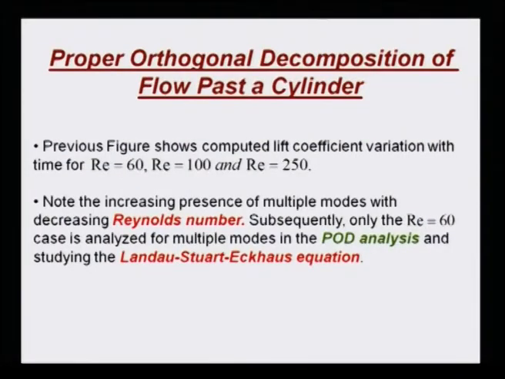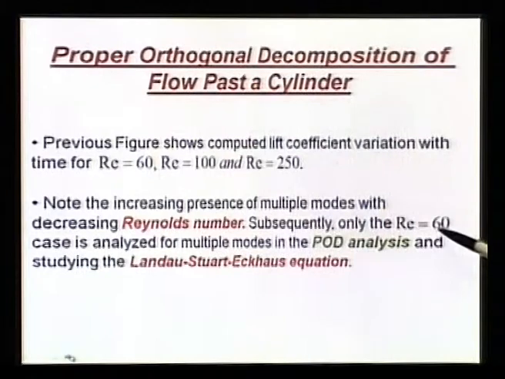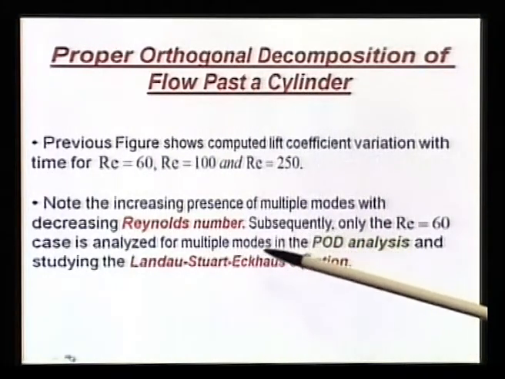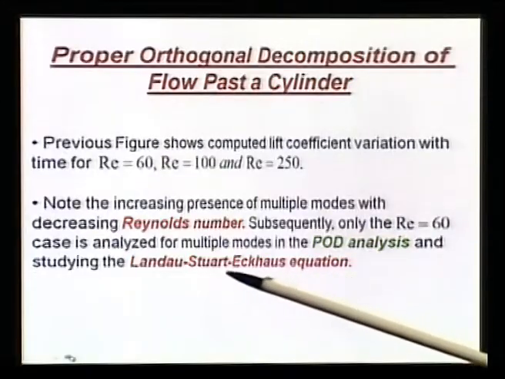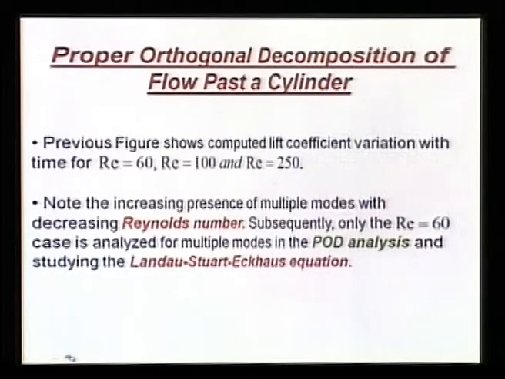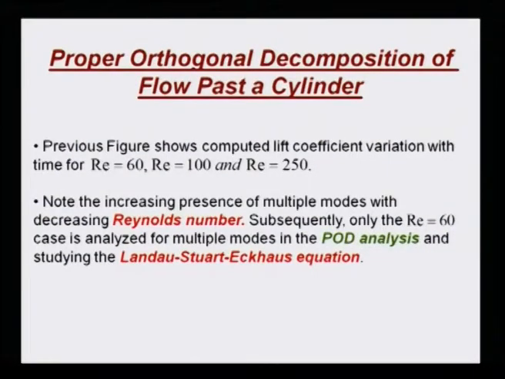For this reason, we will focus our attention on the results at R equal to 60 to see what these multiple modes are doing, and we will also develop what is called the Landau-Stewart-Eckhaus equation.